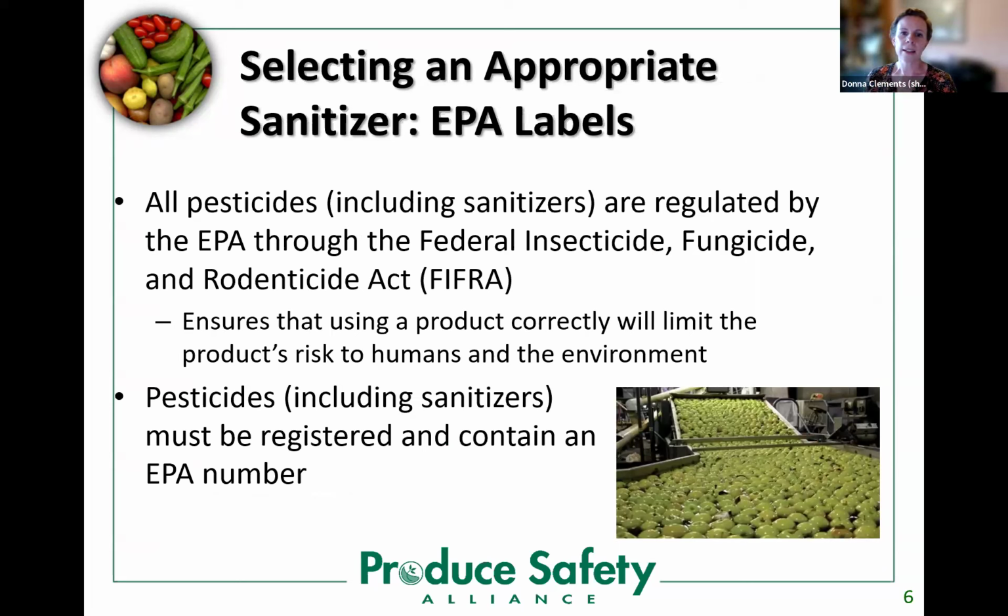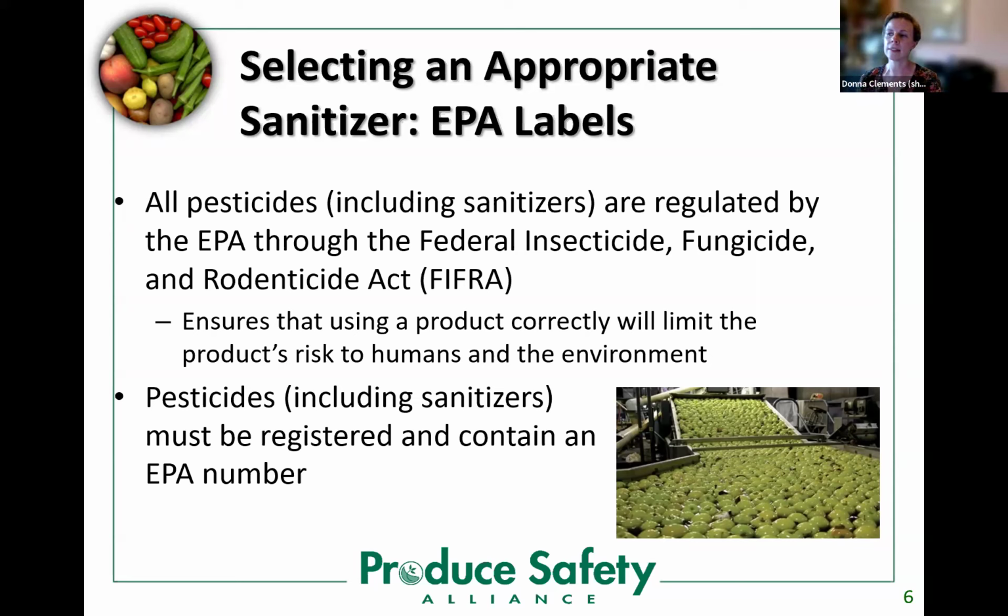And I also want to highlight here, when we talk about the broad scope of selecting an appropriate sanitizer, the importance of selecting a sanitizer that is EPA labeled. And just a reminder that all pesticides, so remember sanitizers are under that category of antimicrobial pesticides, are regulated by the EPA through the Federal Insecticide, Fungicide, and Rodenticide Act, or FIFRA.